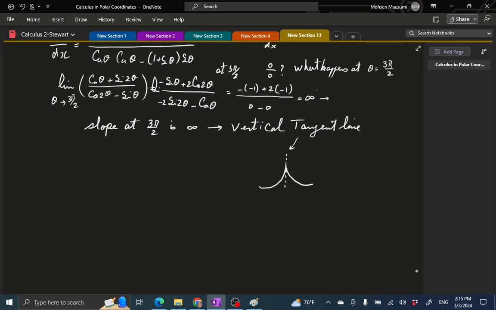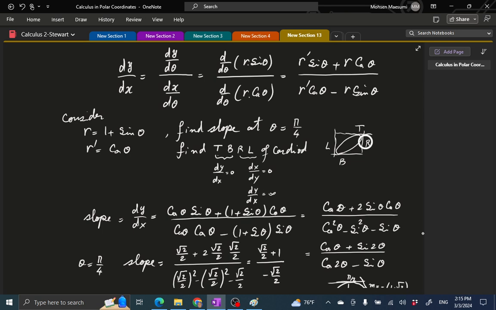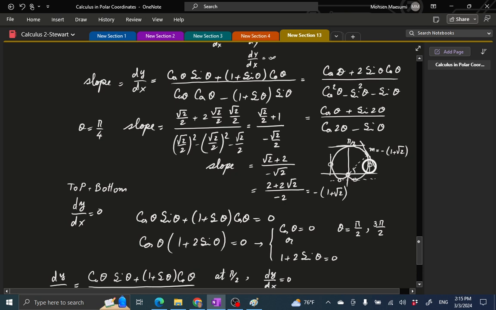What else were we aiming for? We said we want to find out what's the rightmost and leftmost point of this cardioid. So we want to know where these points are. Well, I realized I didn't finish the previous job of figuring out the horizontal tangent lines.